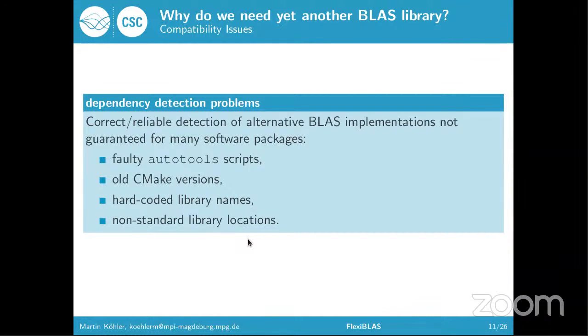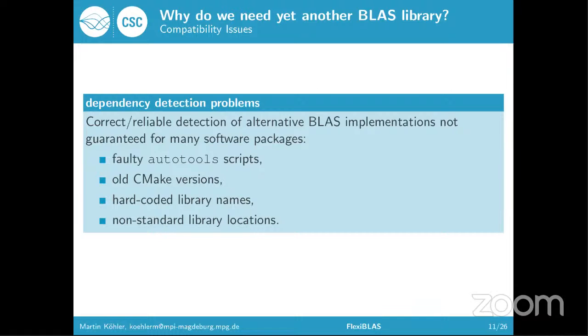Then, more or less for the guys compiling software and administrating software packages, detecting the BLAS library is also not something completely trivial. So in my beginning time as administrator, I found plenty of huge sets of faulty autotool scripts. Same as with this FindBLAS module from CMake. Especially with old versions, it was horrible.